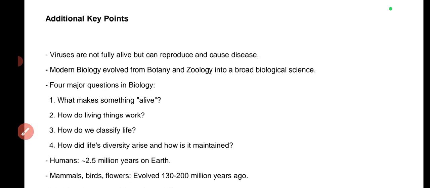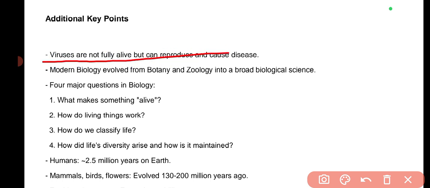Now, some other key points that we talked about in that note: viruses are not fully alive, but they can reproduce and cause diseases. Viruses are not fully alive because outside of a living cell, they are non-living; they exist as mere crystals.